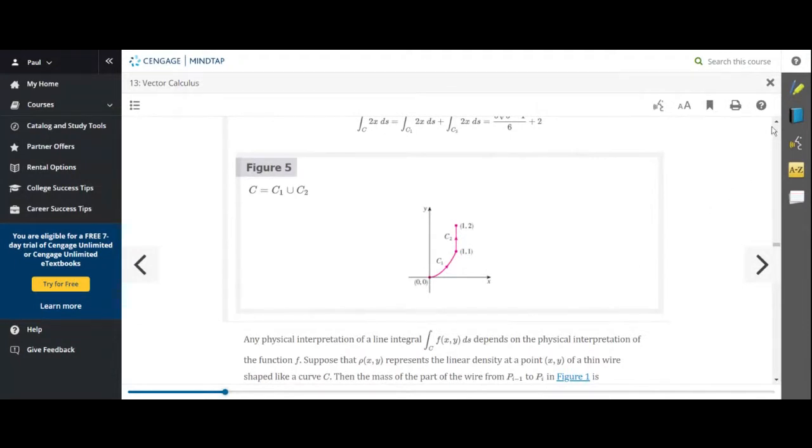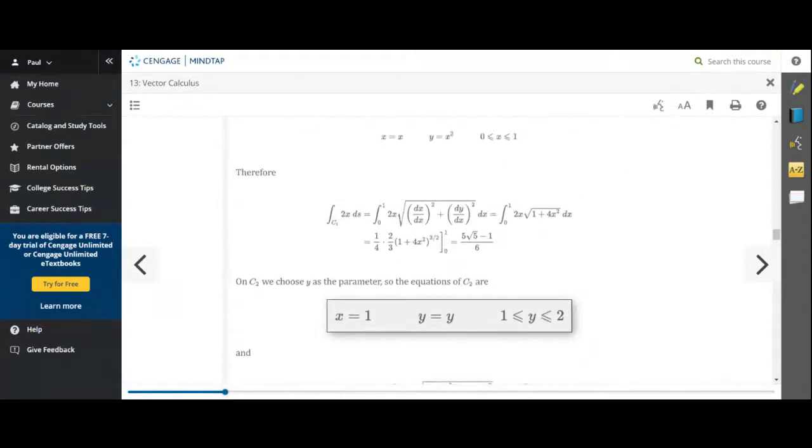So what's changing is the y value, not the x value. So for that line segment, it's convenient to just let y be the parameter and let x equal 1, because x is always 1, and then let y vary between 1 and 2. Now we could have just as easily let x equal 1 and y equal t, and let t vary between 1 and 2. You don't have to always have the same parameter to get the same curve.